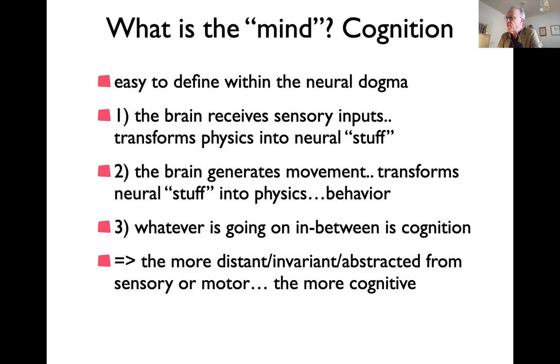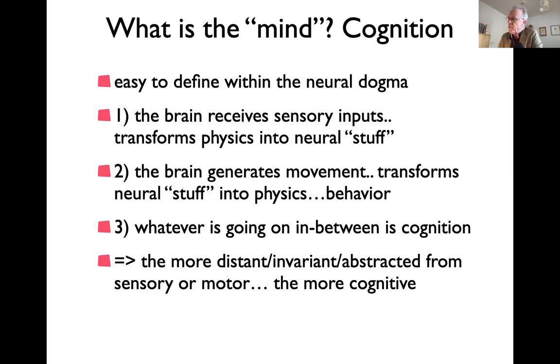A very trivial way of looking at that is to say that the brain receives sensory inputs from the world, which transform physics, things outside the nervous system, the mechanics of the limbs, photons from surface and visual surround, sound waves and all these things, into neural stuff, into the activity of nerve cells and activity in the nervous system. So it's an interface with the outer world in a sense.